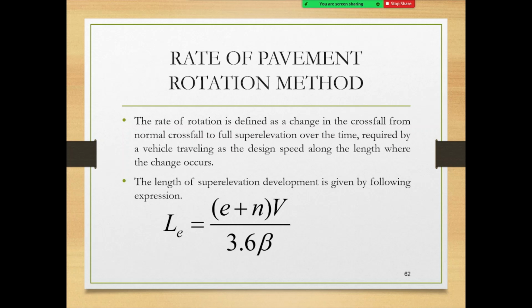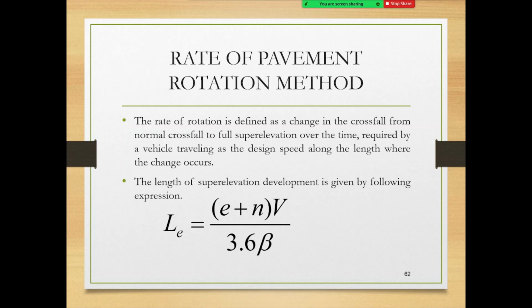Okay, understand? If in an examination question, they ask you to calculate the super elevation development length, right? Now you know if it is lesser than 80, of course the relative gradient method is going to be dominant. But in an exam question, in the industry you can do that, but in the exam question, you have to calculate in both methods and give the dominant one.